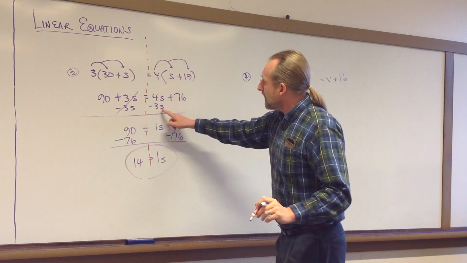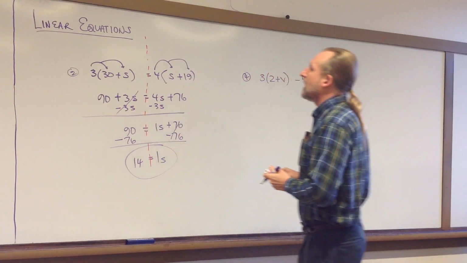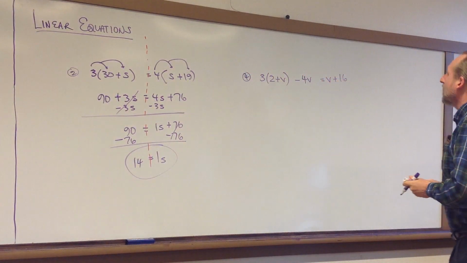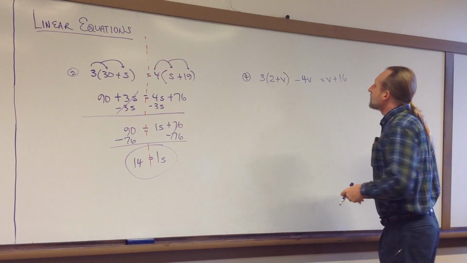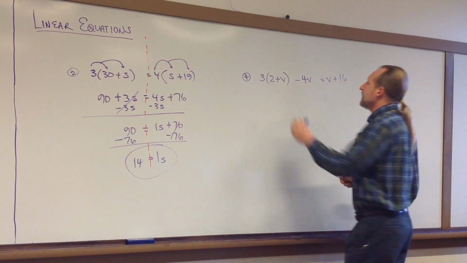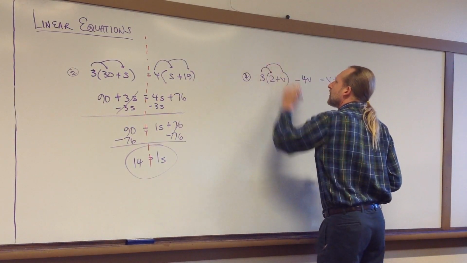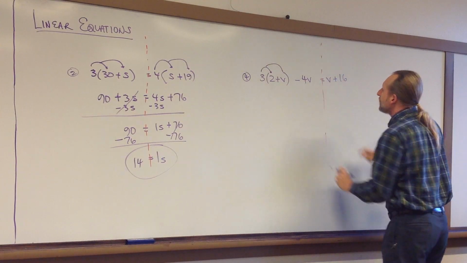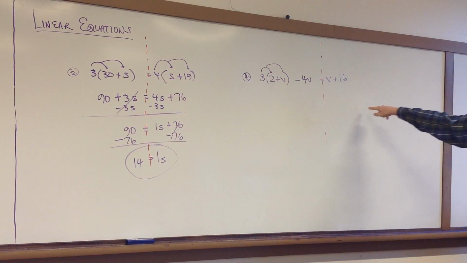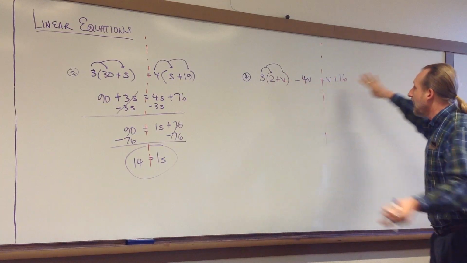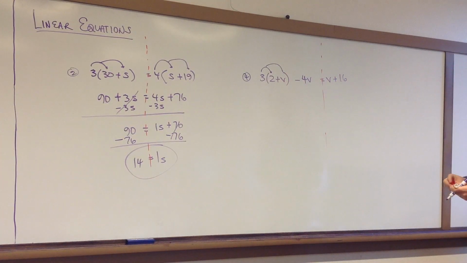And whenever you do something on one side, you've got to do the same thing on the other side to keep everything in balance. All right, let's see here. So again, to start out here, I'm going to distribute the 3 there. Over on this side, there's nothing we need to do. All right, let's just get this side simplified, and then we can collect our variables afterwards.